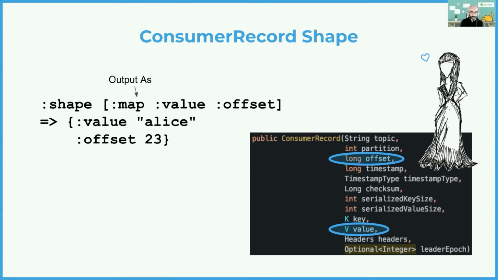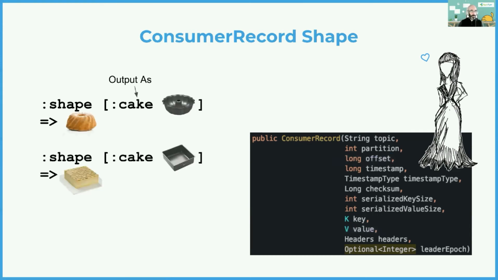Similarly, a shape of map will result in a Clojure map with each selected field translated to a map entry. We can also register custom shapes that accept configuration at runtime. And in this example, we want the cake output, so we configure it with a specific mold. Cake is the name of the shape, and the mold is the parameter configuring the shape.